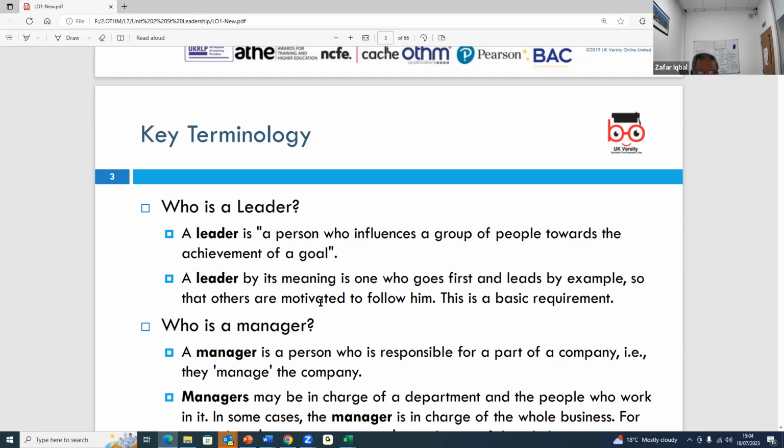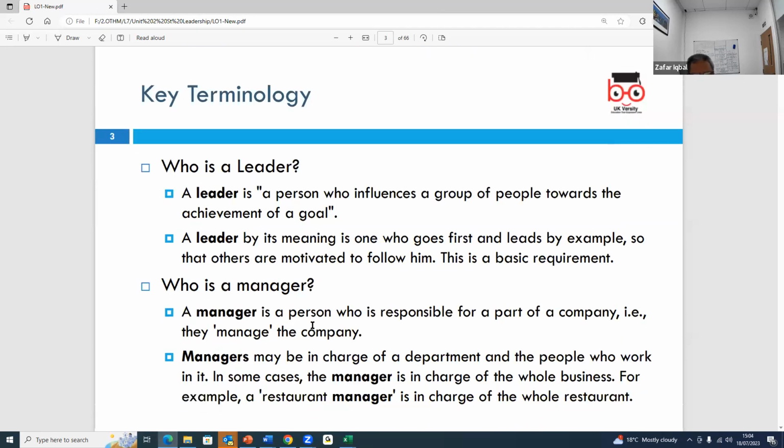A manager, on the other hand, is a person who is responsible for a particular company and for a particular task. He or she is there to do a particular task and to complete that task, to achieve a particular goal.